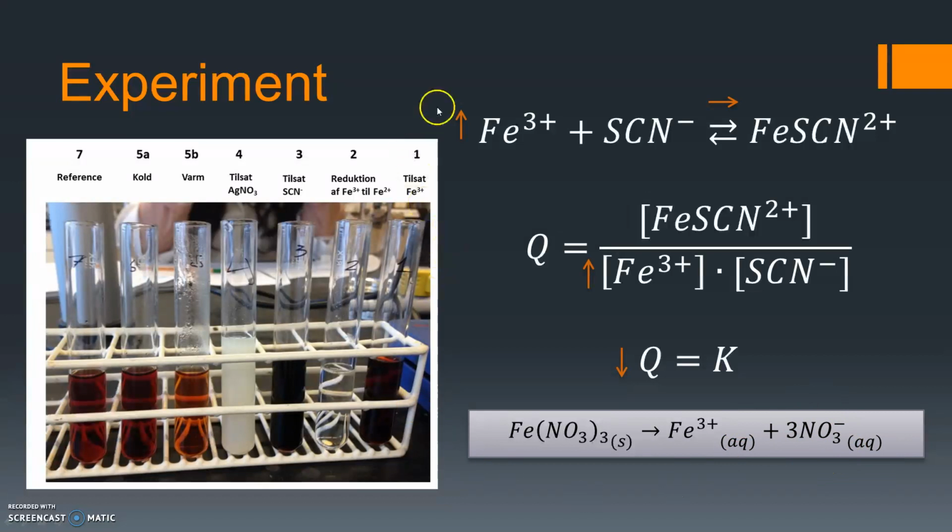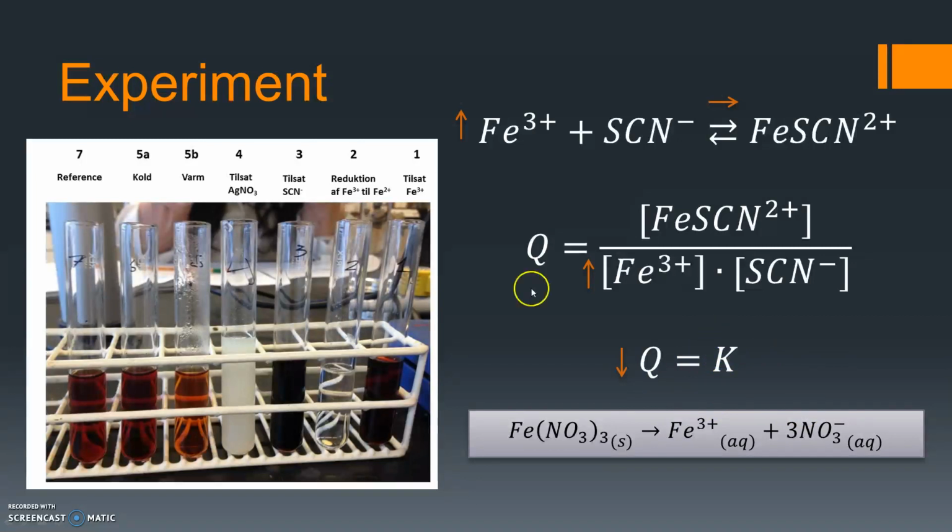And that of course meant that there was an increase in iron plus 3 ions, which could also be seen down here in the equilibrium expression, where the denominator would be increased, and that would mean that the quotient would be decreased compared to the equilibrium constant.